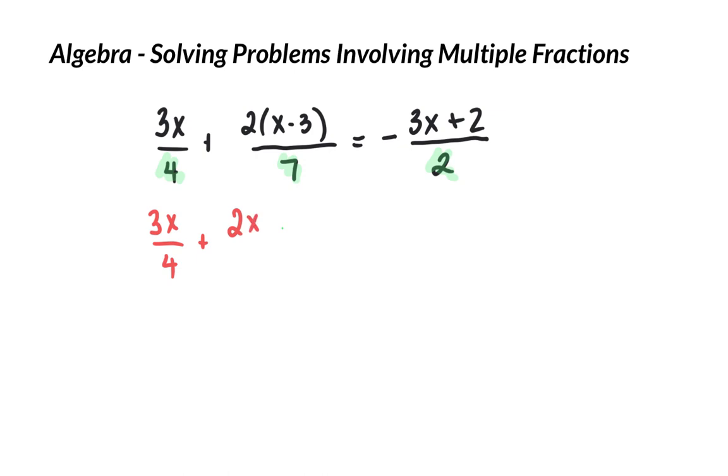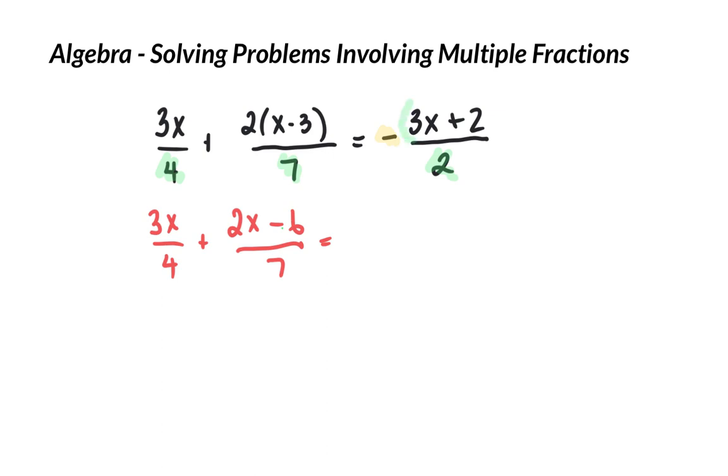So this will be 2x minus 6, remembering to apply that multiplication by 2. Now, one thing that I wanted to add here, because it's a little tricky, is a negative in front of a fraction. I meant this negative right here to be in front, because a negative in front essentially does this.